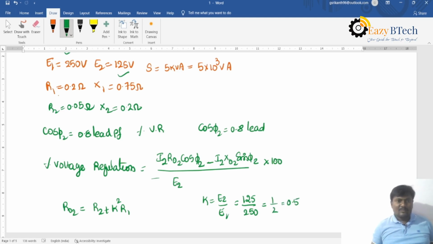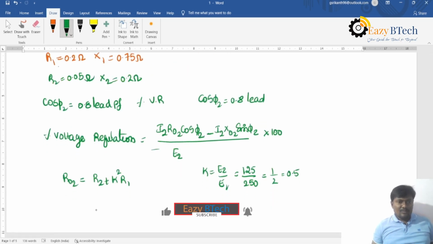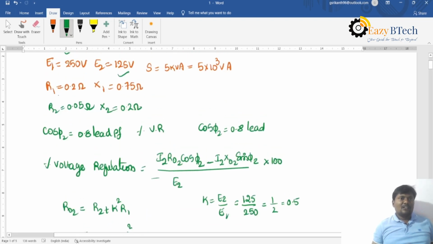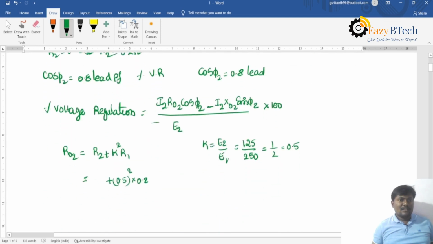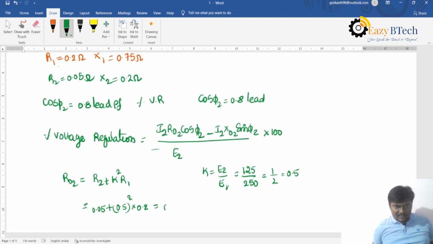The K value is 0.5 and R1 is 0.2, so 0.5 whole square into 0.2, and the R2 value is 0.05. By using the calculator, you will get the answer as 0.1 ohms.